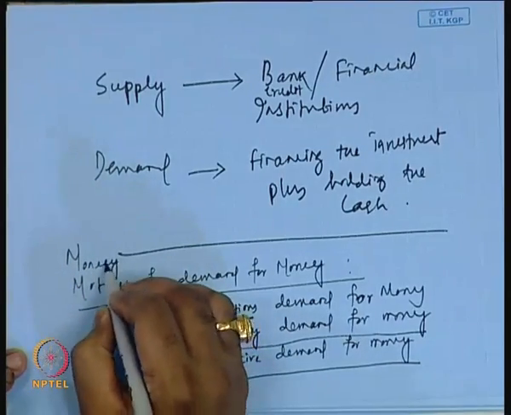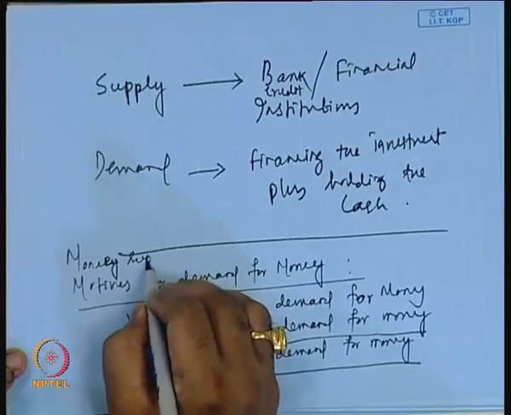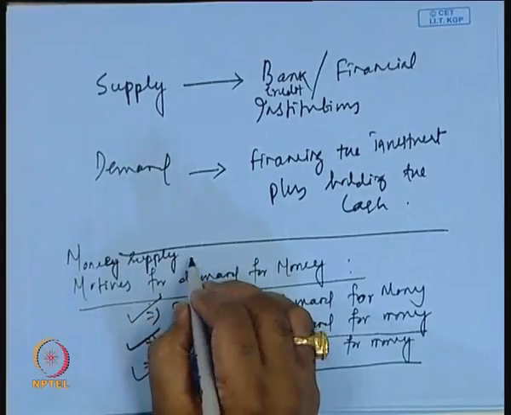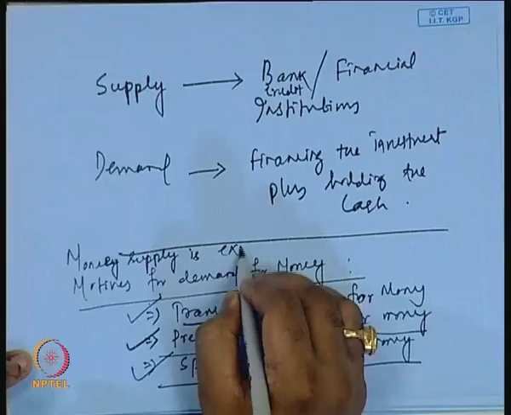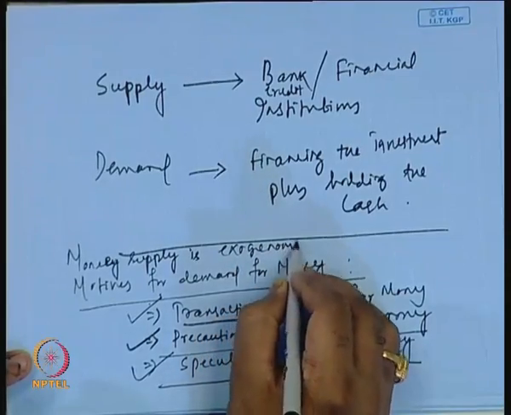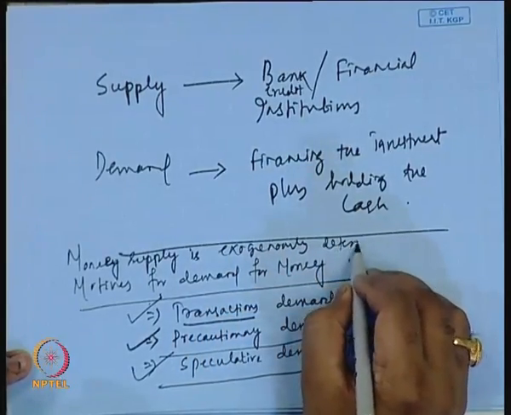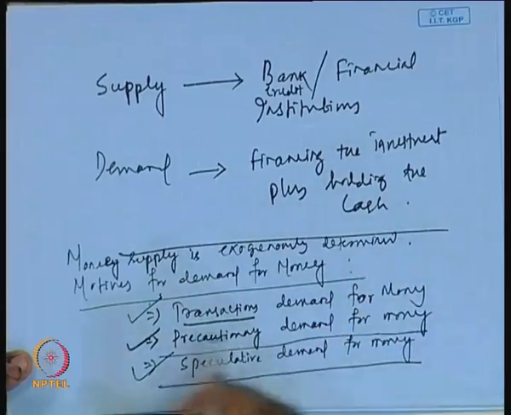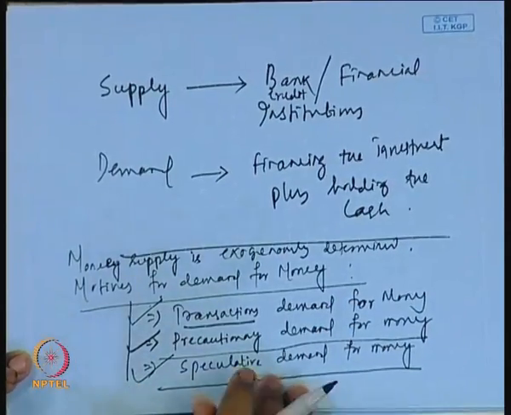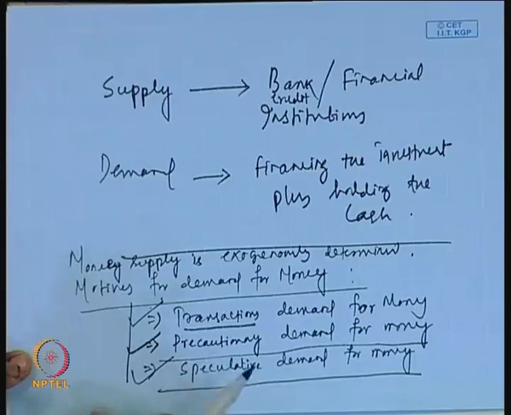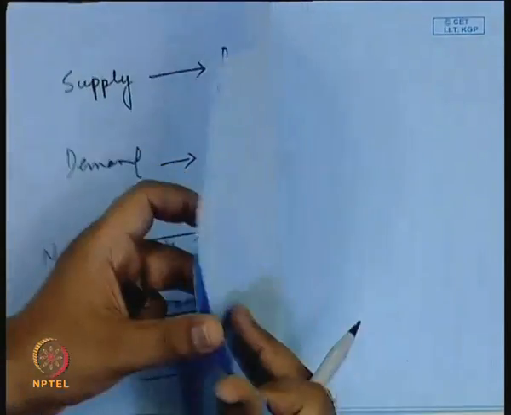See how he made it so simple: if money supply is exogenously determined, and this is the demand for money, then it is very easy to make the demand and supply forces of money interact to determine the interest rate in the financial market.